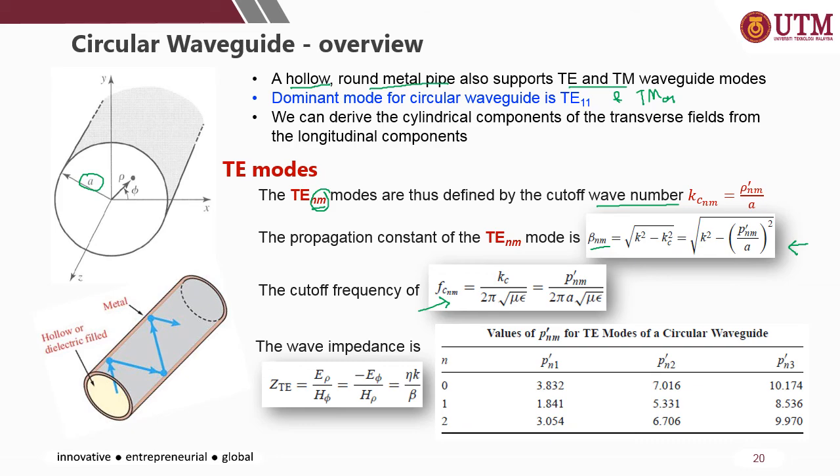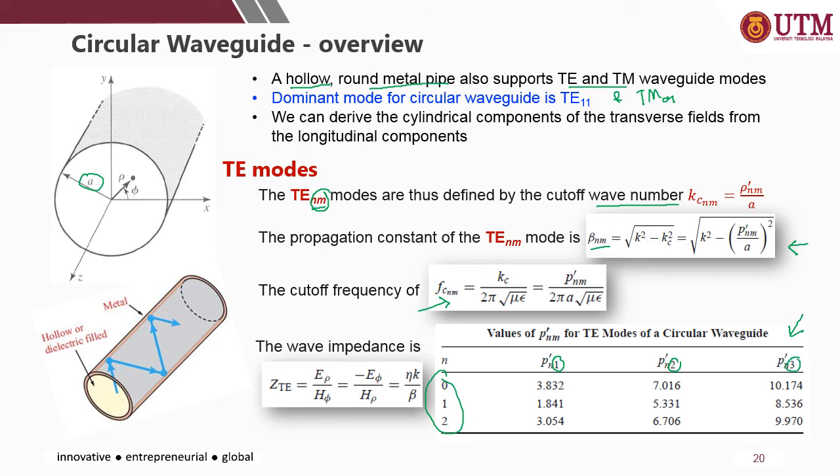The rho prime nm values can be estimated from the electromagnetic fields derivation, but they can be easily gathered from a mathematical table that will be provided to you for your analysis. The table below represents three samples of the rho prime nm values, where n varies while the m mode is presented here.